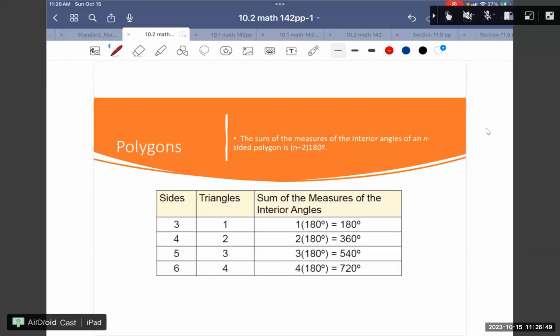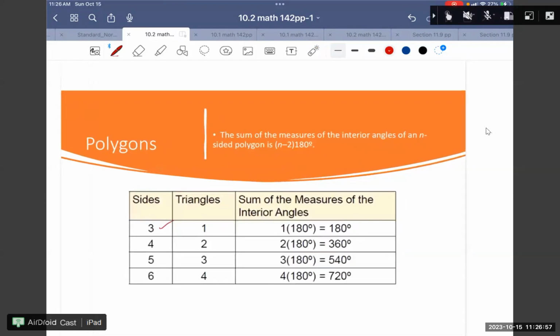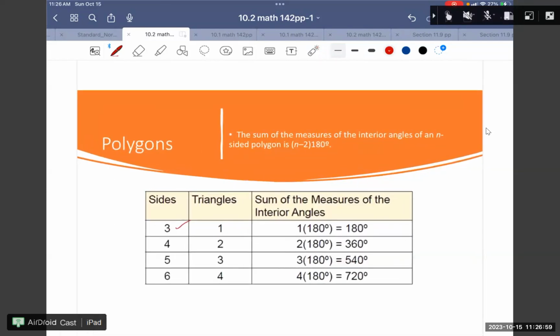For example, for a triangle, n is 3, so 3 minus 2 times 180 is 180, which we know already for the triangle.